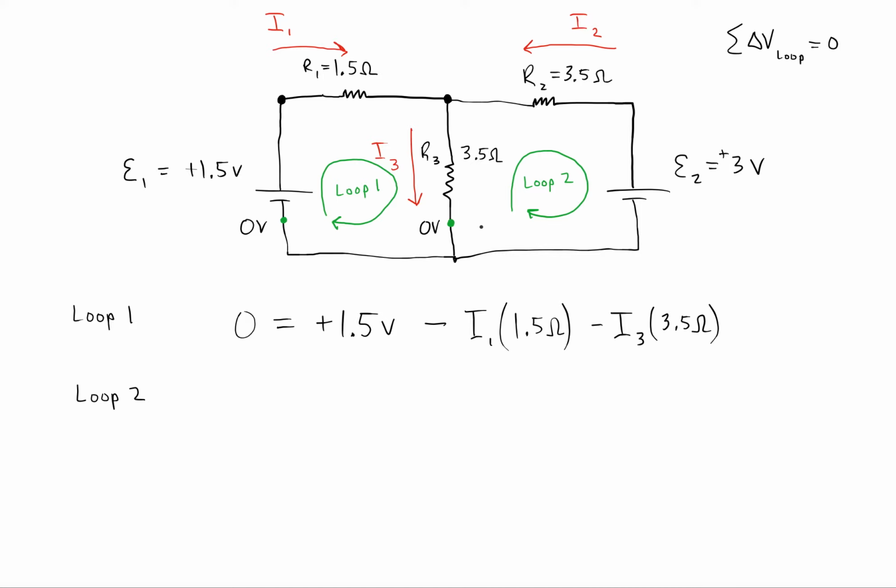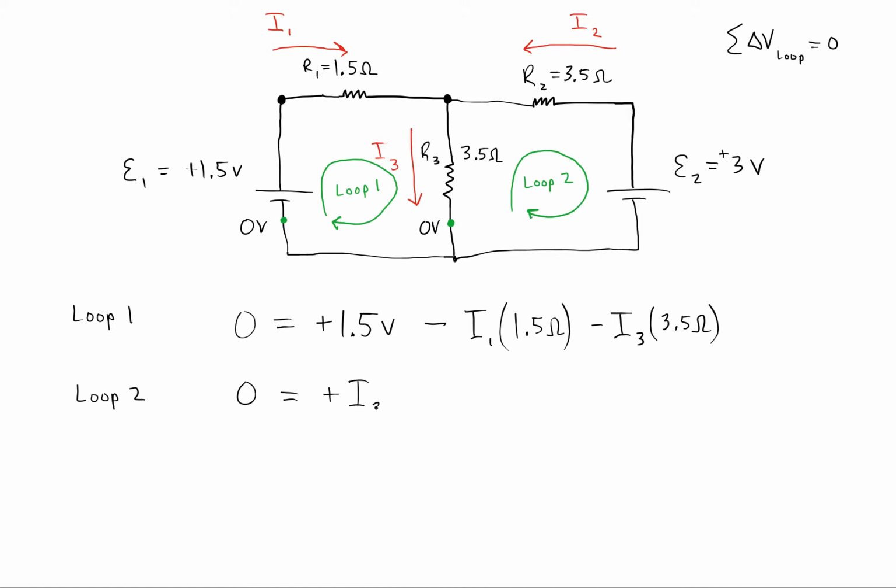For loop 2, I arbitrarily started at this point. We're going to be going through a resistor, but will we be adding potential or subtracting it? This point here I said was going to be at a higher voltage than this point, so we're actually going to be adding when we go through that element.